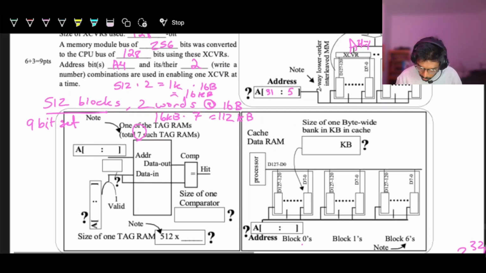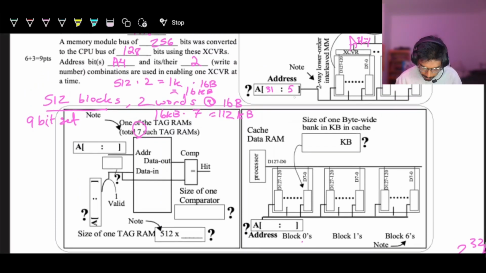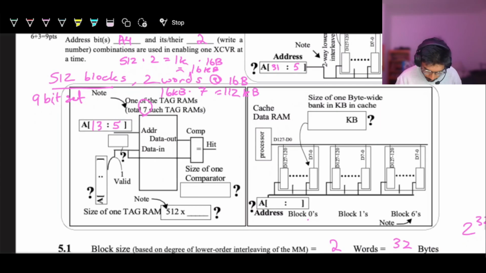And we know that we start from A5 because the rest are for interleaving or bank enable. So from A5 plus 9 bits, we also have to count the last bit also. So plus 8 is A13 through 5 as our address bits. Then the rest of our bits are our tag bits, and those go from A31 through wherever we left off, 14.